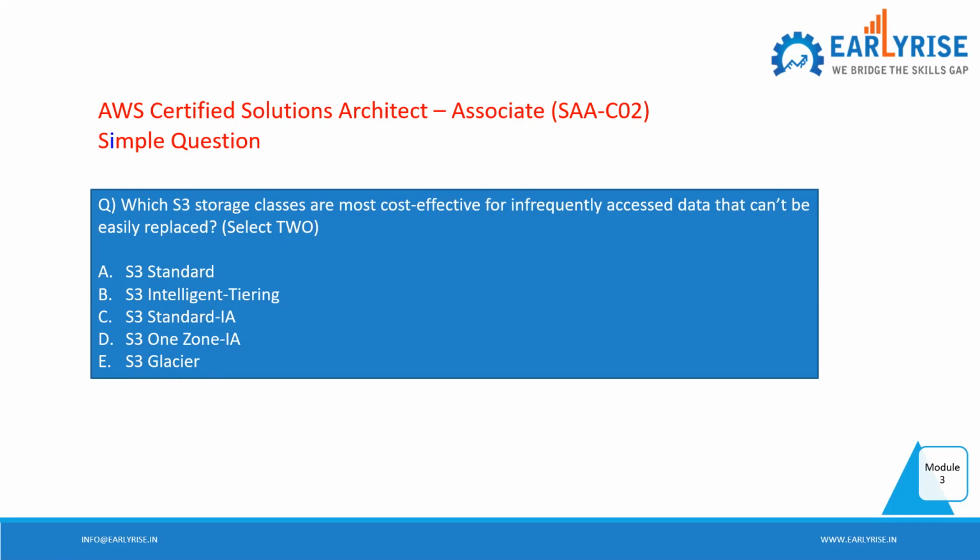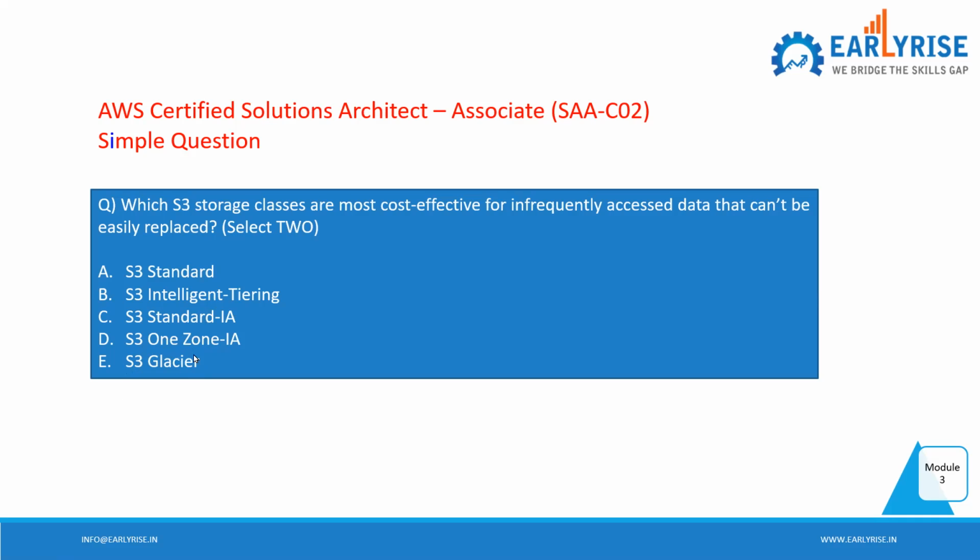So Glacier Deep Archive is the most, so this is second best with respect to cost also. So critical data, infrequent data, cost efficient data. So this E can be the other best option, apart from C. C is good, both of you told. E is the other answer, but not D, because D can be dangerous.